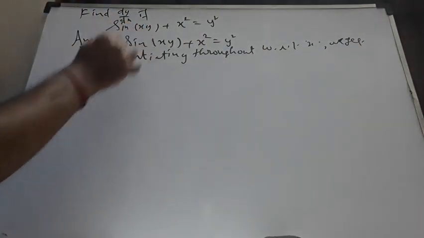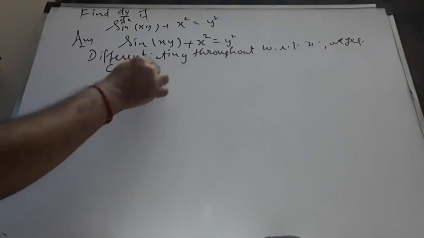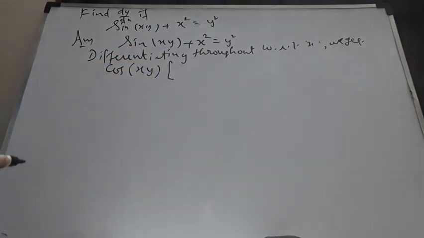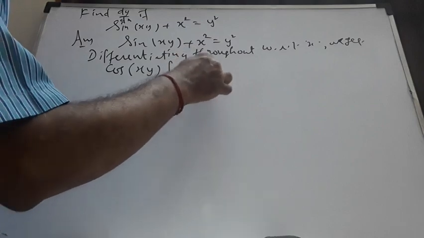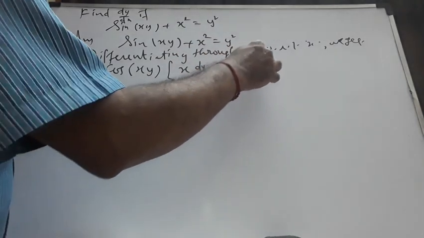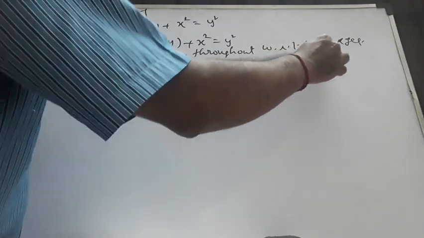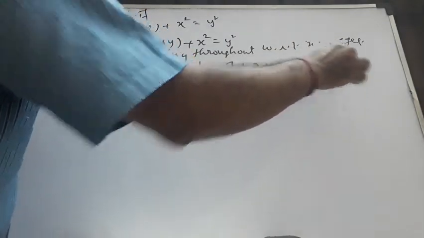I'll get derivative of sine is cos xy, into, by application of chain rule, x dy by dx plus y, plus 2x is equal to 2y dy by dx.